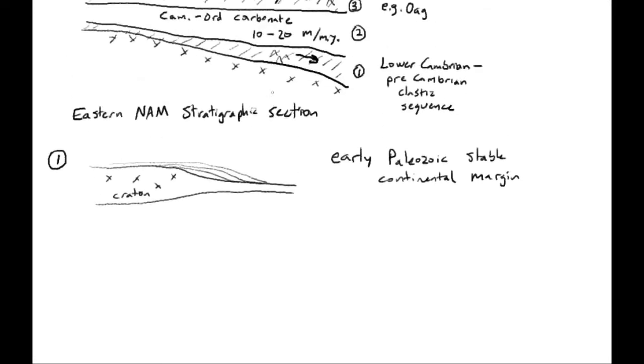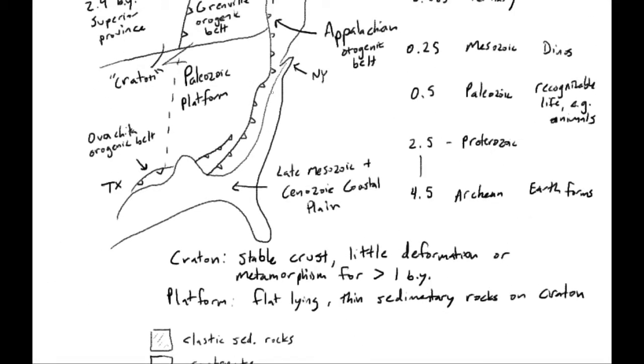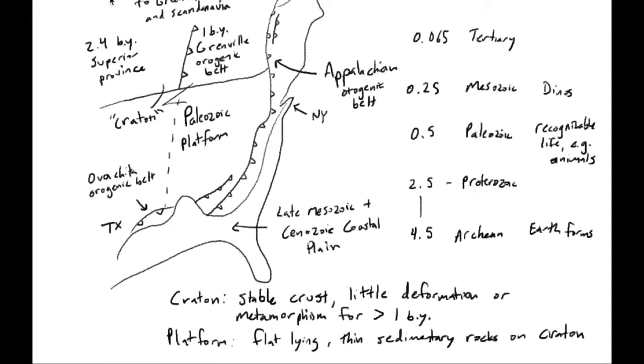So just going back for a second. Early Paleozoic, that's this stuff over here. So we had a craton, this older stuff, and that is where we're going to start the story. Even though there clearly was an event at about 1 billion years that plastered the Grenville rocks onto the previous core of the continent.